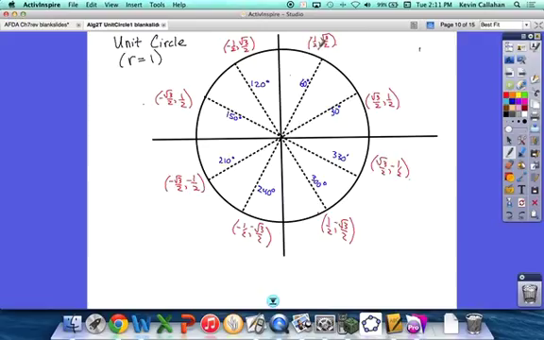I'm getting that a little mixed around, but if I drew the 30, 60, 90 triangle here, then the 60 degrees is right here. So again, across from the 60 degrees now is the root 3 over 2, and across from the 30 degrees, that's the 1/2. Essentially, when you go from 30 to 60 degrees, you just switch these two coordinates.